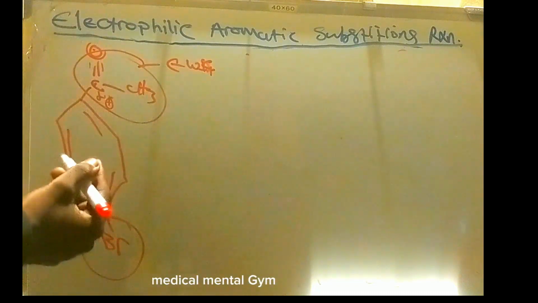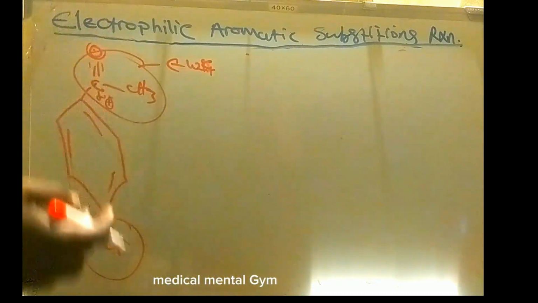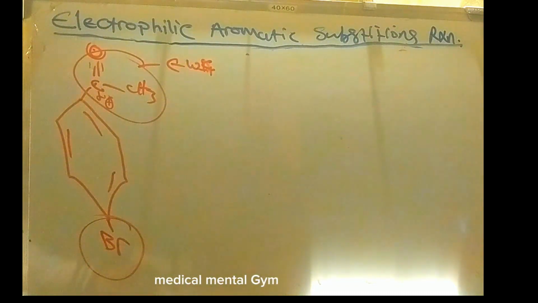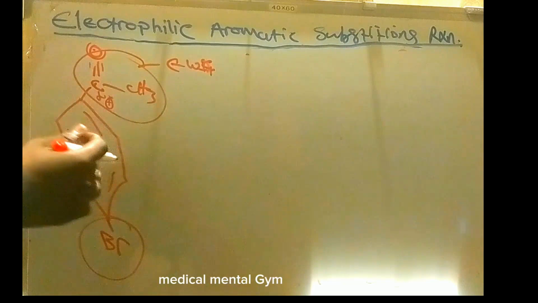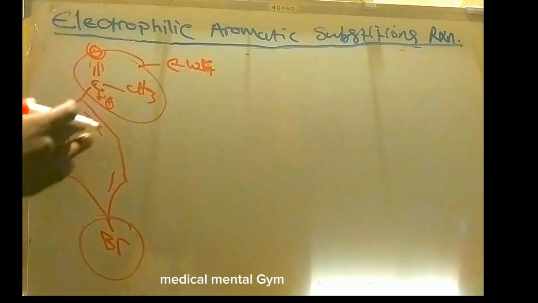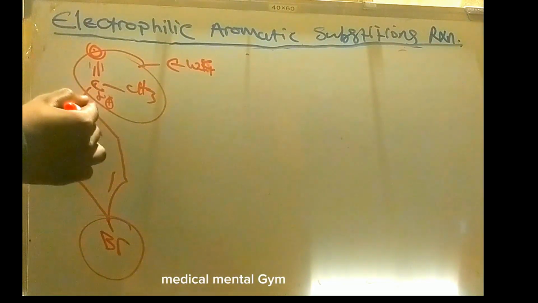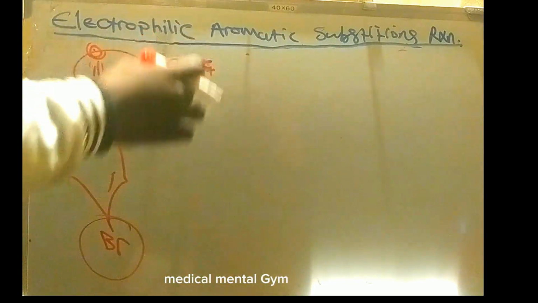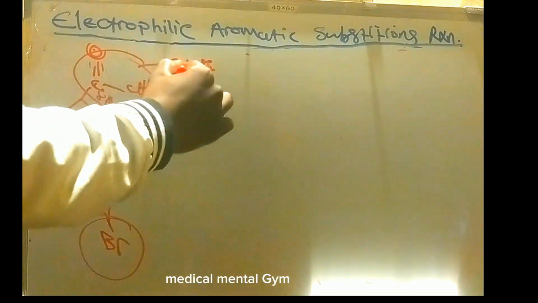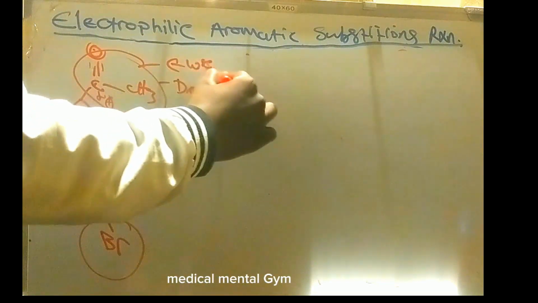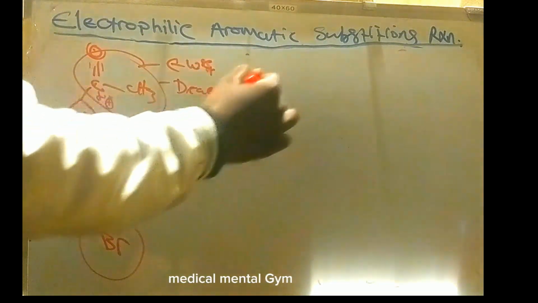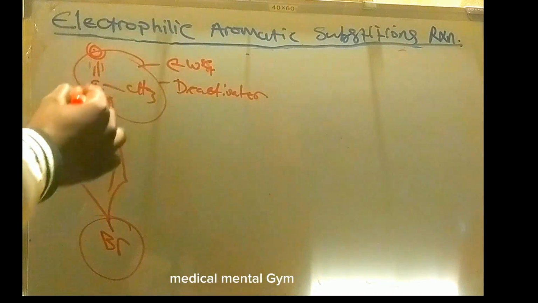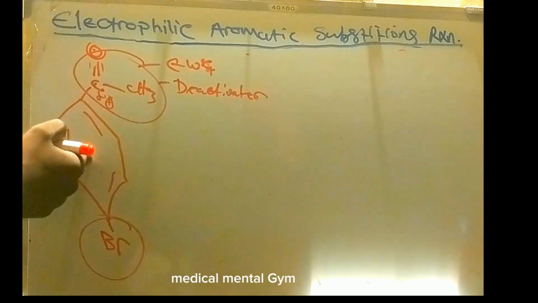That partial positive charge gives it a deactivating effect towards the ring. That means it's going to make the ring less nucleophilic by pulling electrons away from the ring and towards itself. So this is an electron withdrawing group, and it is a deactivator. It deactivates the ring by making it less nucleophilic.